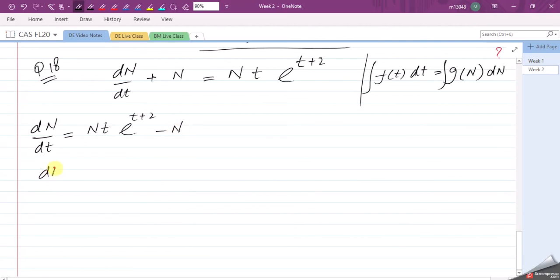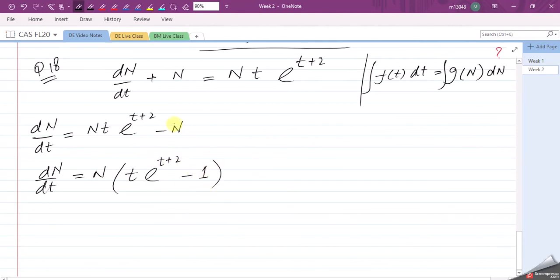Now clearly we can take this n common, because we cannot send this dt there yet because they are mixed, n and t mixed. So sending dt over there will not solve our problem. As I have said earlier, we must separate the variables. No n on t side, no t on n side. So take the n common, t e power t plus 2 minus 1.